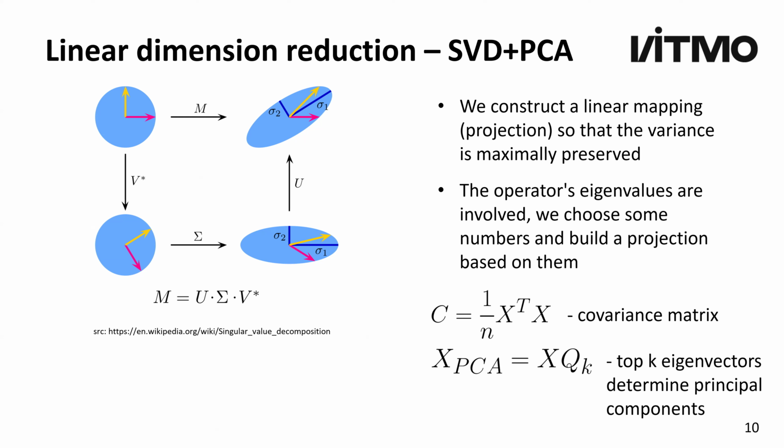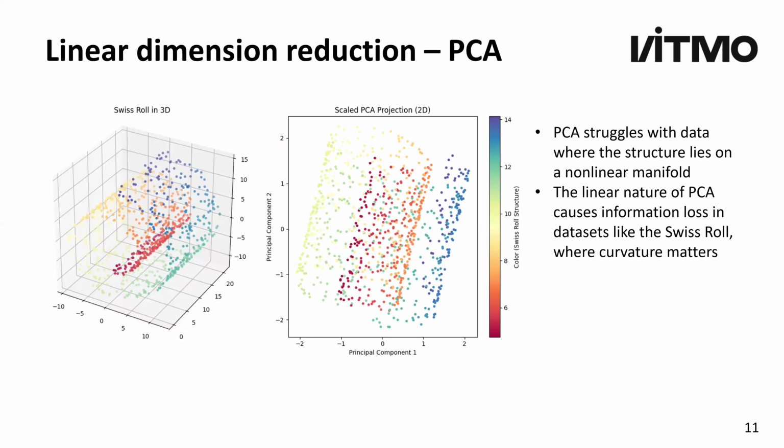You retain some information using the dispersion part, but the main problem is it's linear by its nature. So let's see it on an example. Examples are always good.